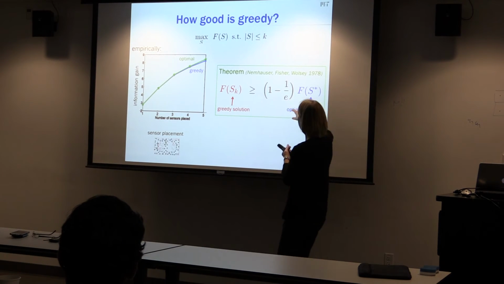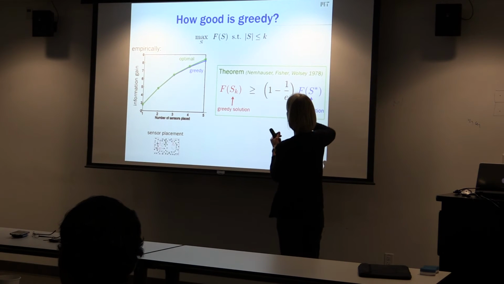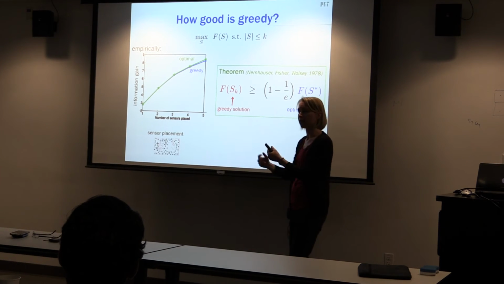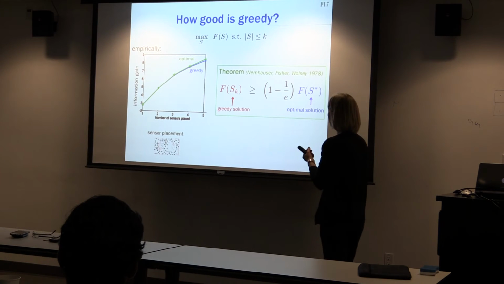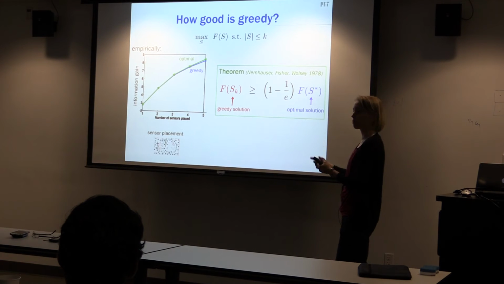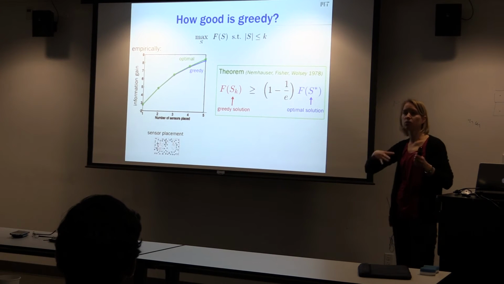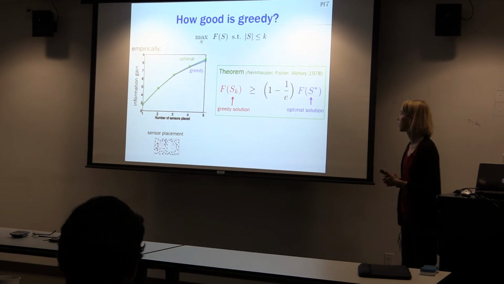You can take this into account to make it better. And if you pick everything, of course, you're going to get 1, because the optimal solution will be somewhere among the elements that you've picked.